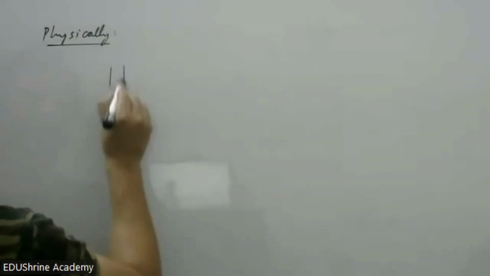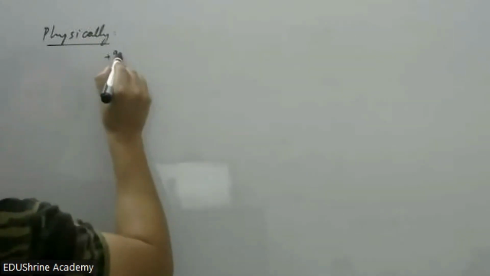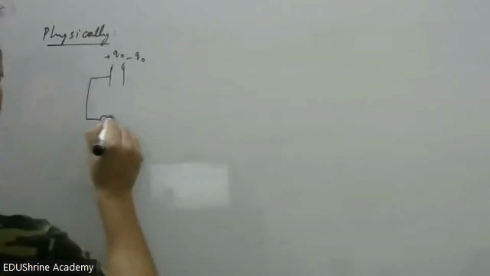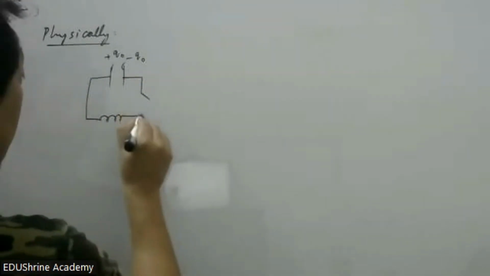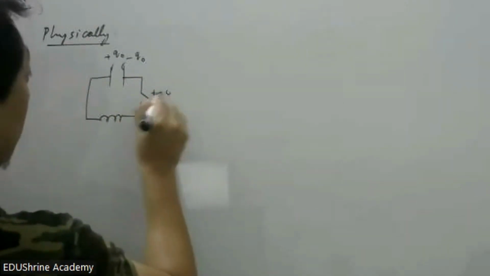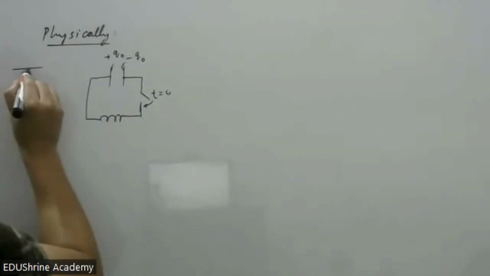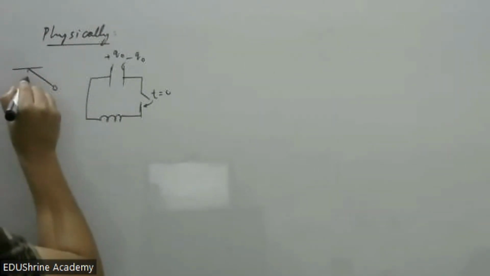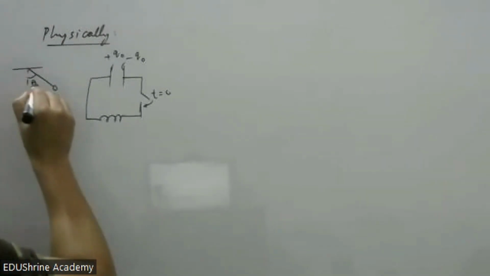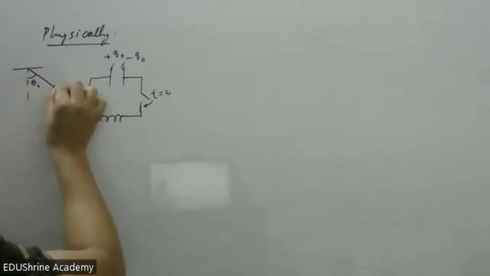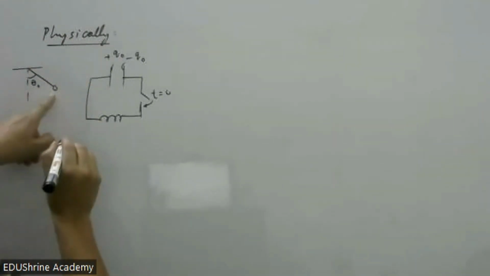So when you take a charged capacitor with plus Q naught and minus Q naught, you have already given some charge, and then you have an inductor, and at time 0, you are going to close the key. This is similar to this state of the pendulum. You have given some maximum displacement, and here potential energy is stored, if you remember.